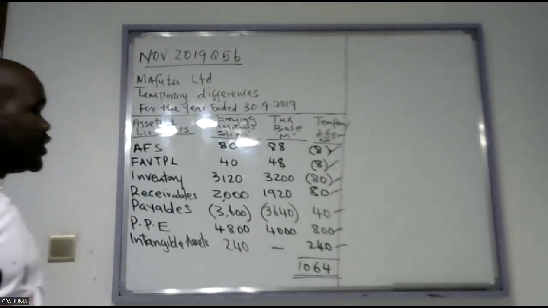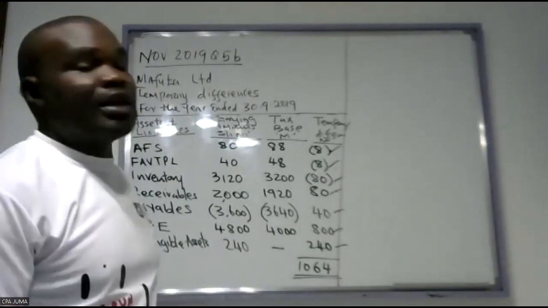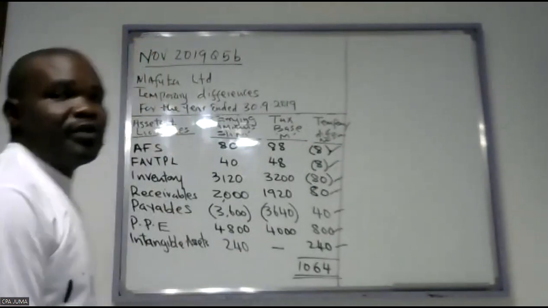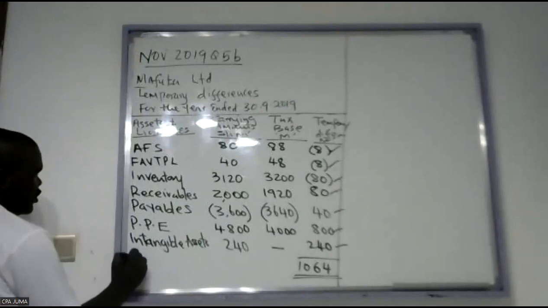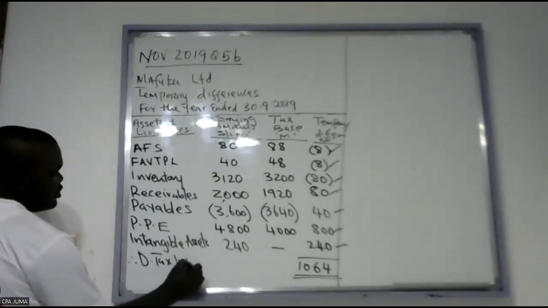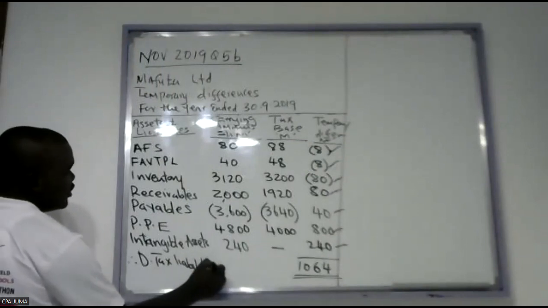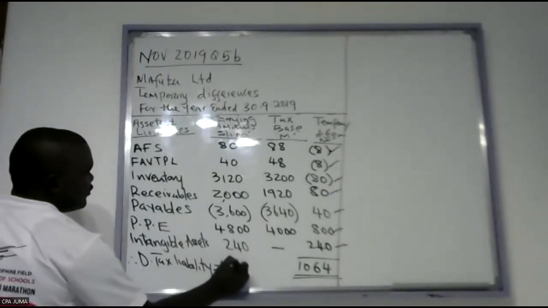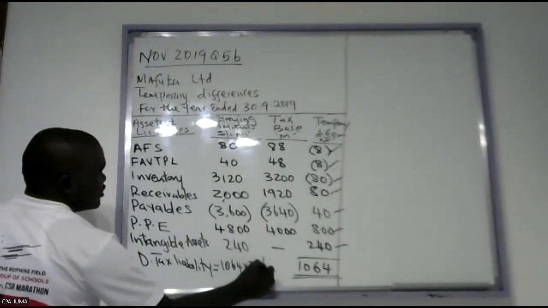Positive. So that will give rise to deferred tax liability. Therefore, deferred tax liability is equal to 1064 times 30%.